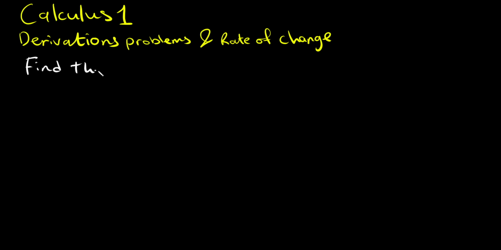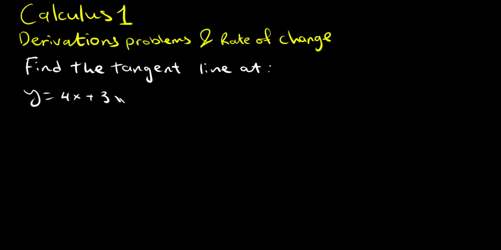Find the tangent line of y equals 4x plus 3x to the power of 2 at point 2 comma minus 4.